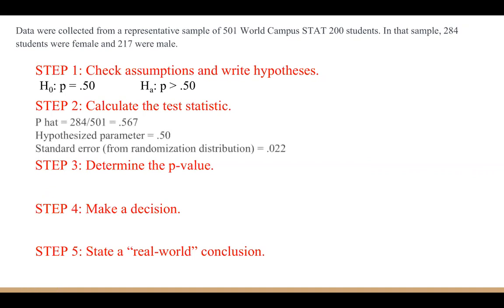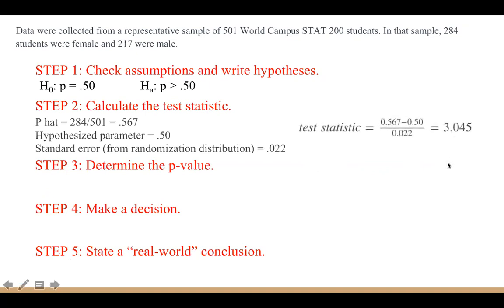Our p hat is 284, the number of females, divided by the total number of students, which is 0.567. We compare that to our hypothesized parameter of 0.50 and our standard error of 0.022. The standard error wasn't given; I got that from a randomization distribution, so don't worry if you don't know where that came from.